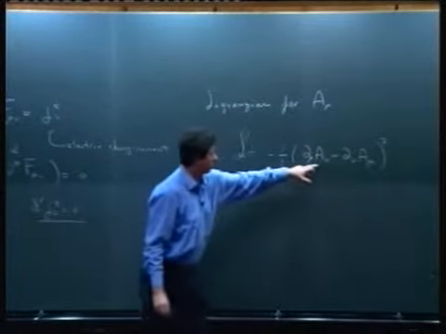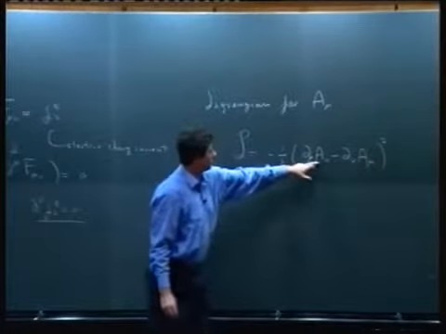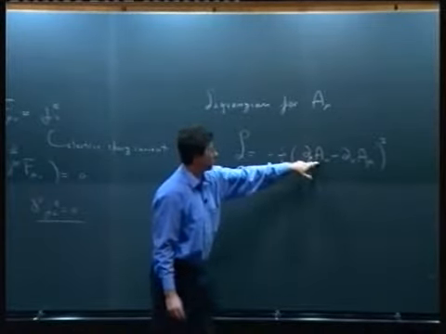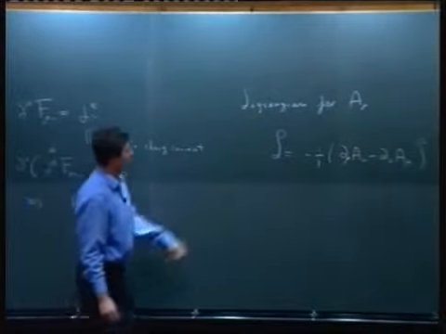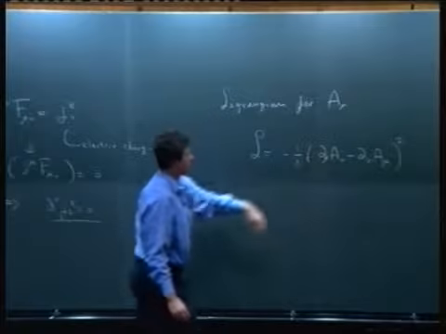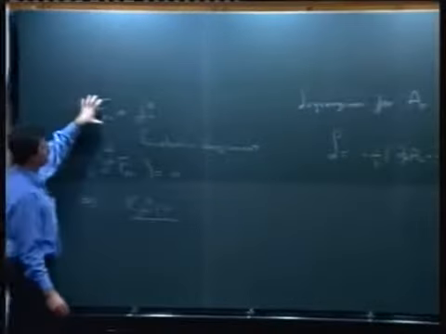It's again quadratic. So if I vary this Lagrangian with respect to A mu in order to derive the equations of motion, you find that the Euler-Lagrange equations indeed give you this part of the equation.